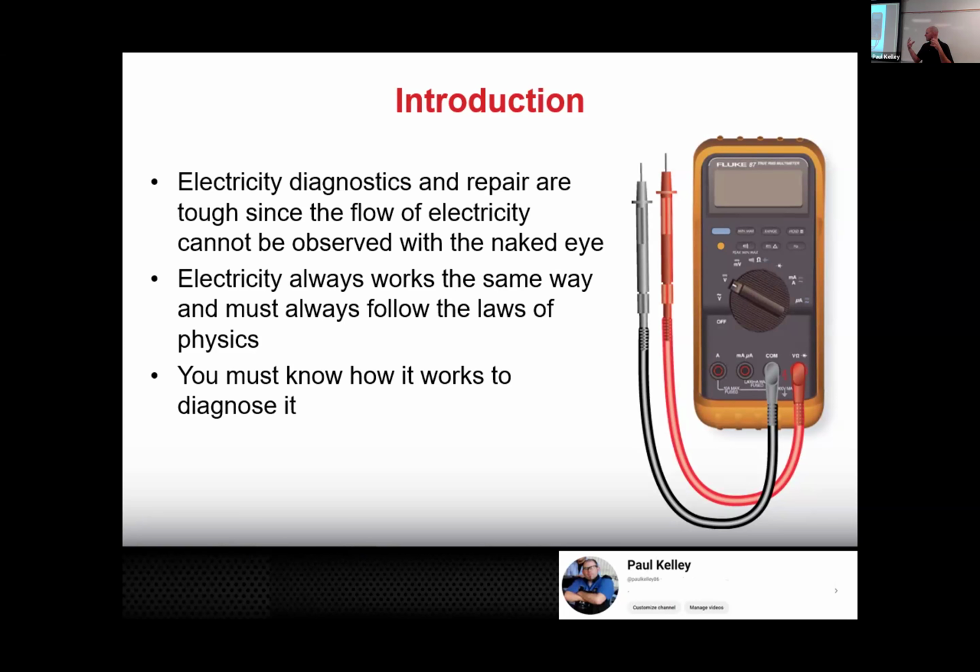If you think disconnecting connectors and looking is going to locate it, probably not, because on that vehicle there's probably 200 connectors, and a lot of them will have nothing to do with the actual problem. So you can't rely on just your eyes. We're going to have to do a lot of measurement. You have to understand how it works.